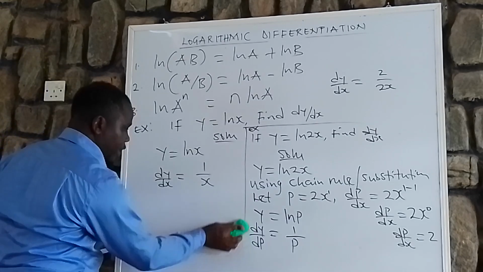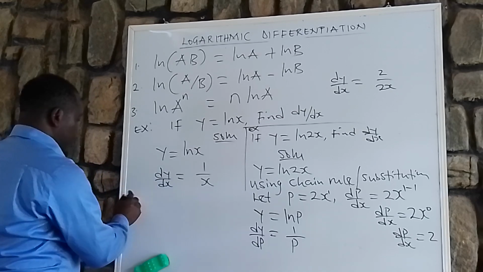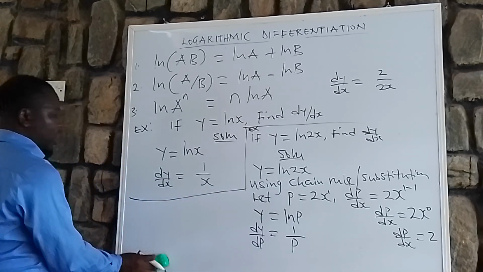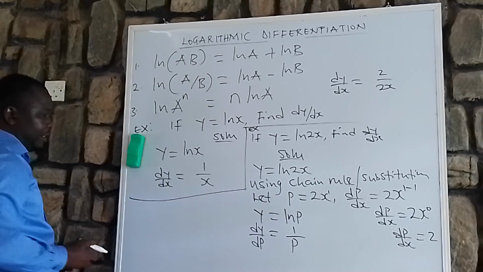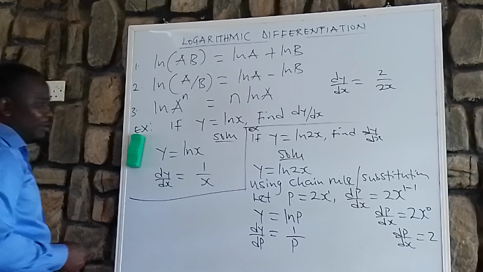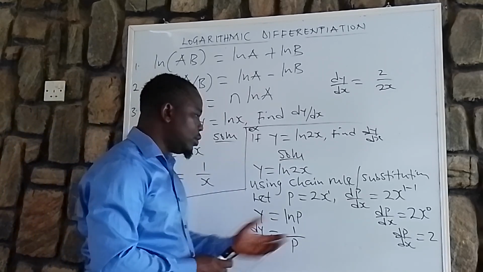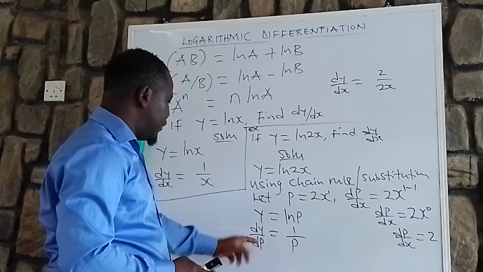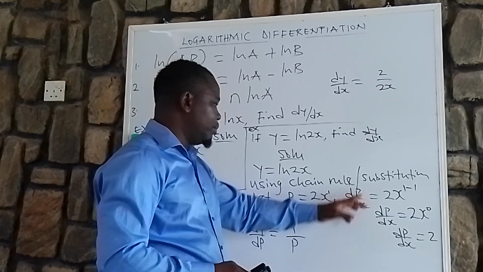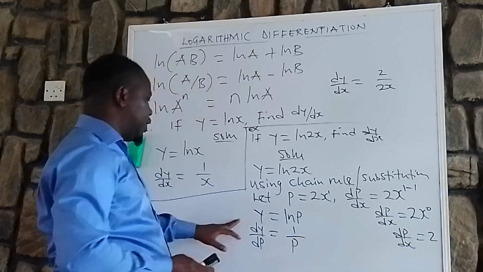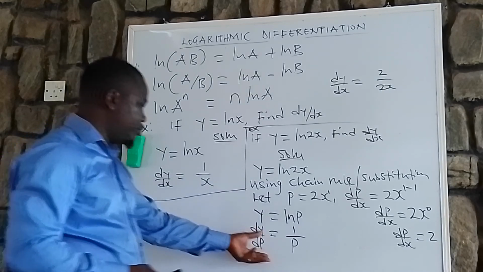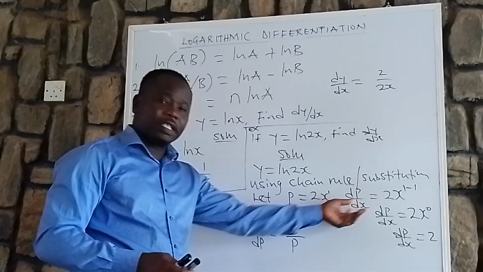Let's finish it here. If you agree with me, this implies that you don't need a prophet to tell you you've gotten your chain rule. How? We have dy all over dp and we have dp all over dx. So our dy all over dx is equal to the product of these two. That is your chain rule.